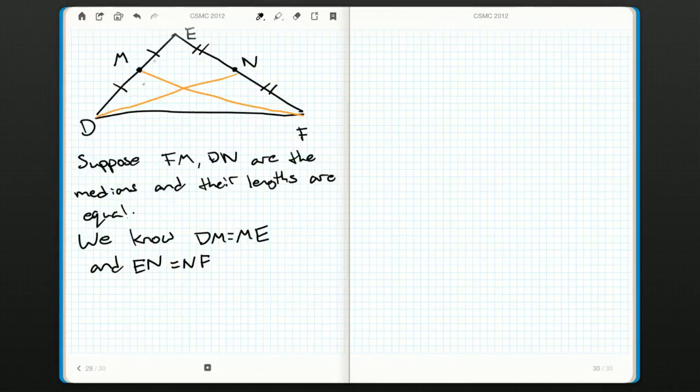Now usually when I see a triangle set up like this and I have the side lengths split in half, I usually like to draw this middle line MN. Gives me a smaller triangle that happens to be similar to the bigger triangle. And I'll show you why in just a moment.